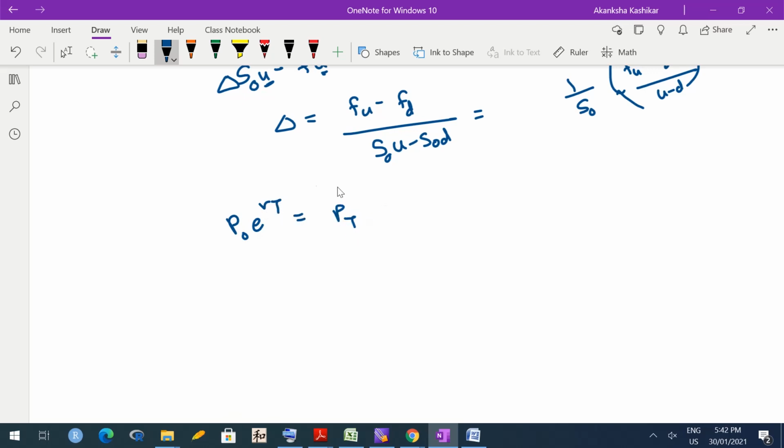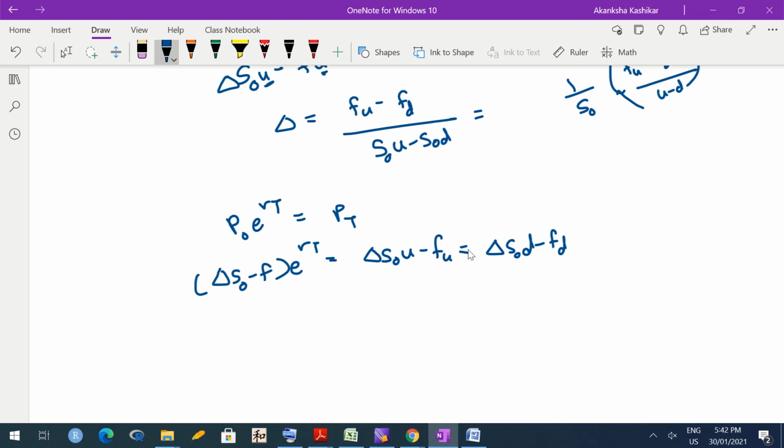The portfolio worth at time T should just be equal to whatever the portfolio worth was at time 0 multiplied by the interest component. So (delta S0 minus F) into e raised to RT should be equal to delta S0 U minus FU, and it is also equal to delta S0 D minus FD.